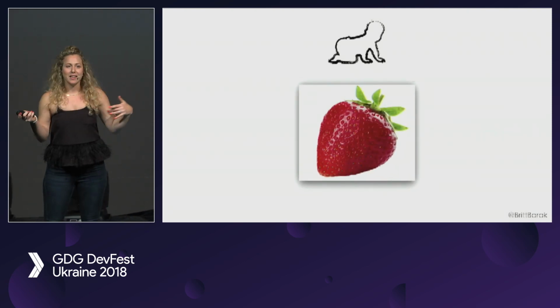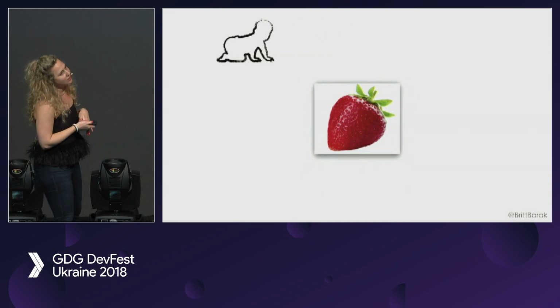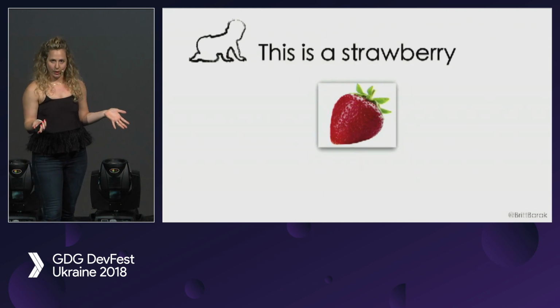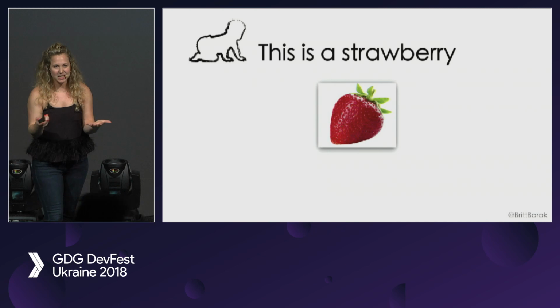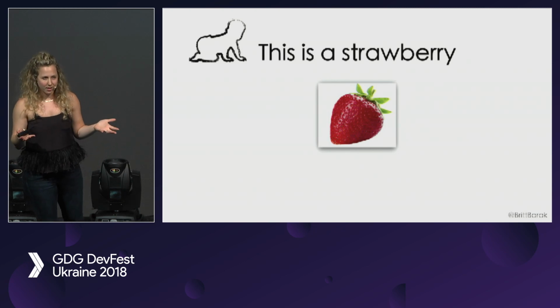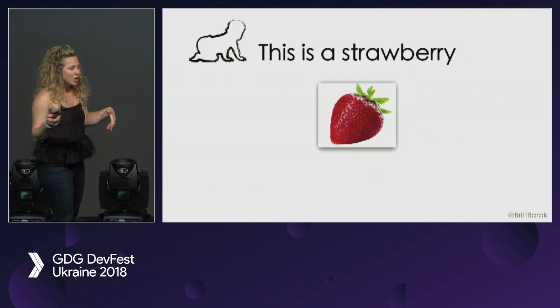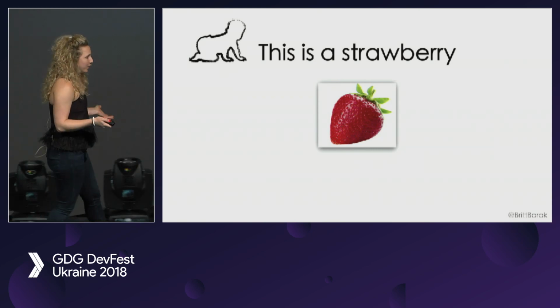So you won't just take the image and tell the baby, okay, you see this image? This is a strawberry, right? This is not how he would learn that this is indeed a strawberry, right? You would say something like, all right, do you see this image? So this is a strawberry. Why is this a strawberry?